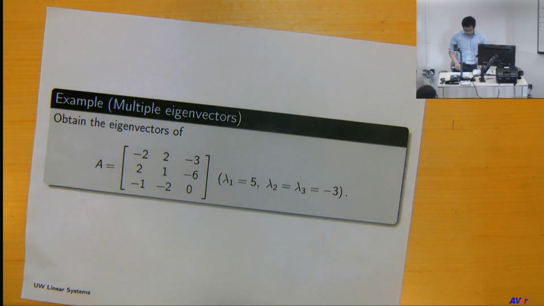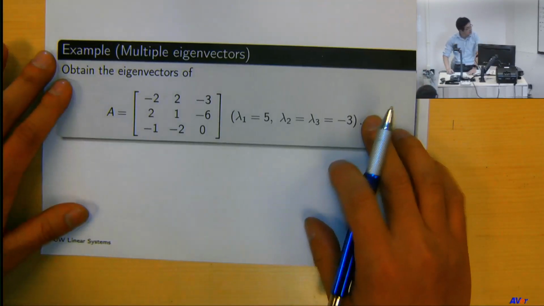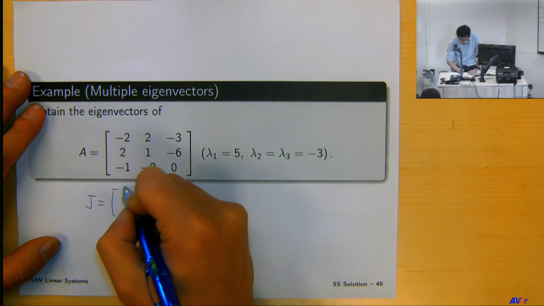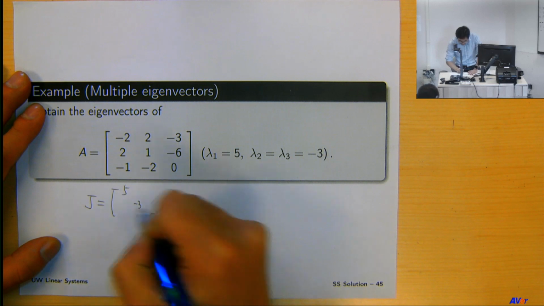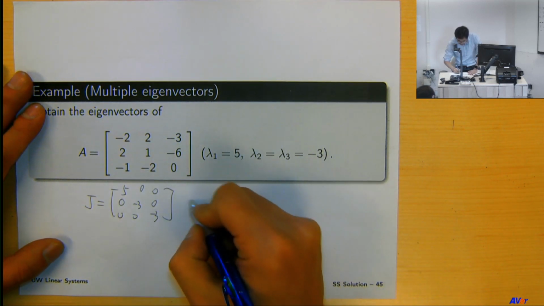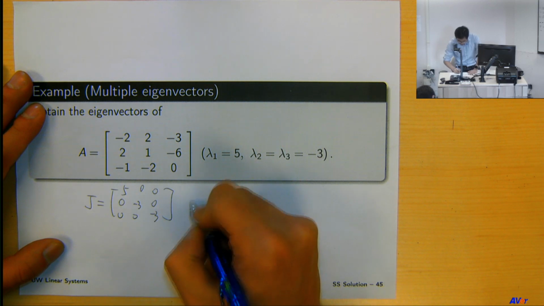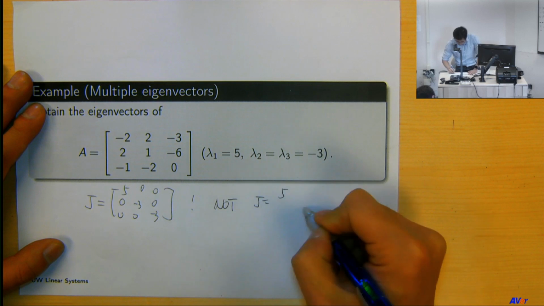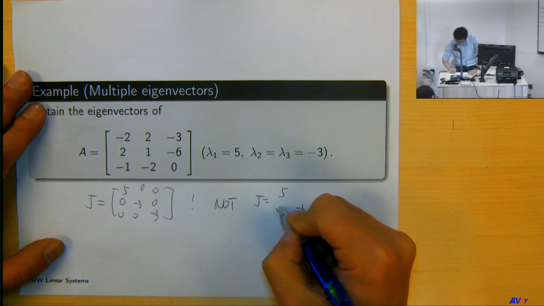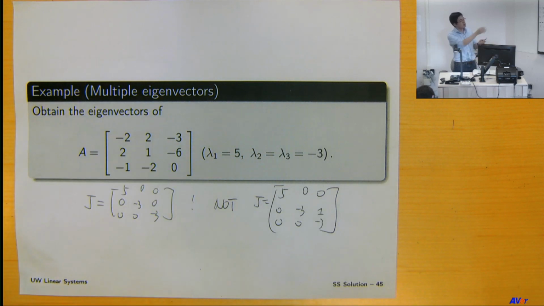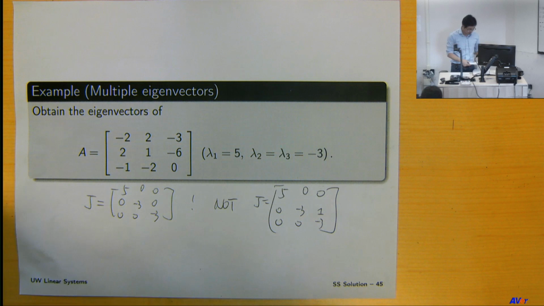All right. So for this case, the main piece is the Jordan form is actually diagonal, based on our computation here.